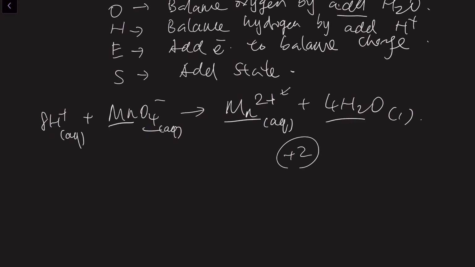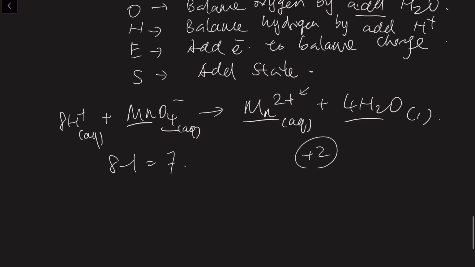The charge on the left, 8 minus 1, is 7. So how do you get from 7 to 2? By adding 5 electrons. And we have already added the state. Remember, electron does not have any state.